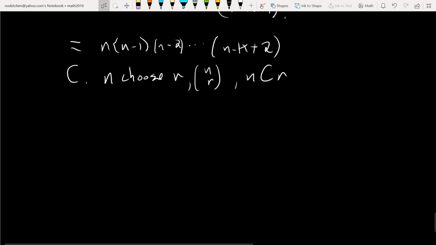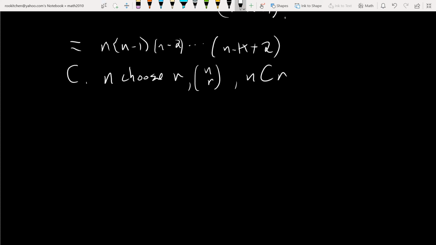The number of ways you can pick r distinct elements from a set of n without regard to order, something like that. We'll be looking at that later on in upcoming chapters.